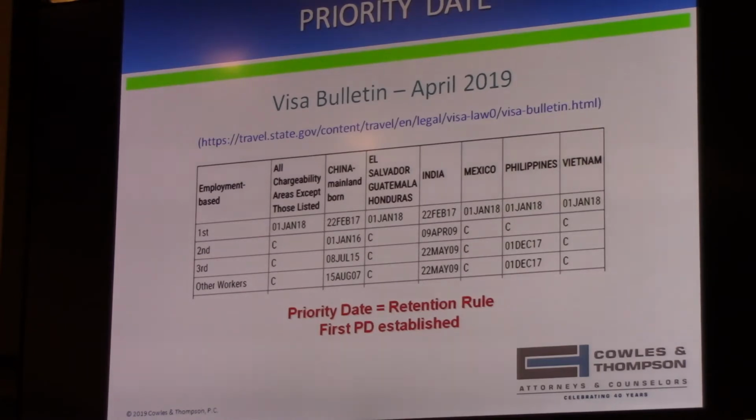But if you look at the worldwide category, you'll see the C there means current. So if you are from any other country other than the ones listed, you're under the worldwide category. EB1, they're looking at January 18, and this just goes to your point. Sometimes EB2 is better than EB1, because in this case, the EB2 is current. But if you had an EB1 extraordinary ability approved I-140, and it was after January 1st, 2018, you're still waiting.